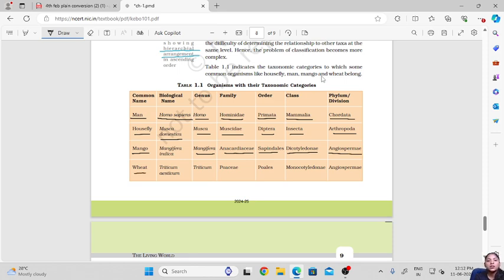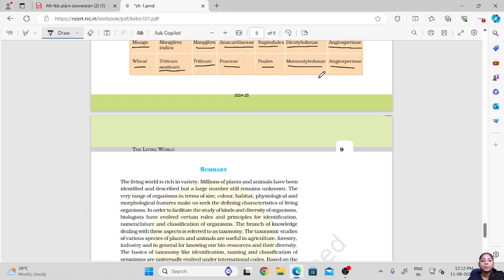Then wheat, the biological name is Triticum aestivum, genus is Triticum, family Poaceae, order Poales. Then class is Monocotyledonae, and division is Angiospermae, and the kingdom is kingdom Plantae.